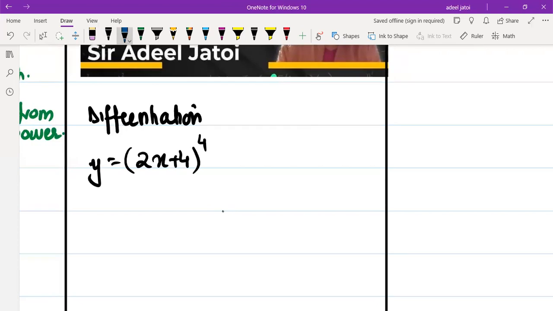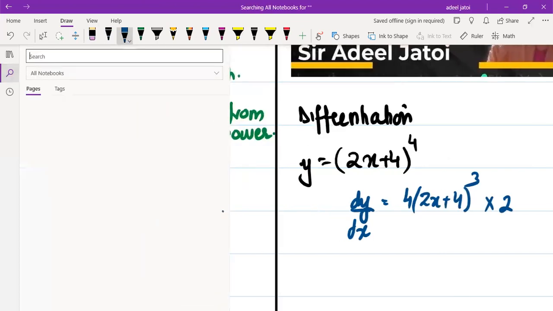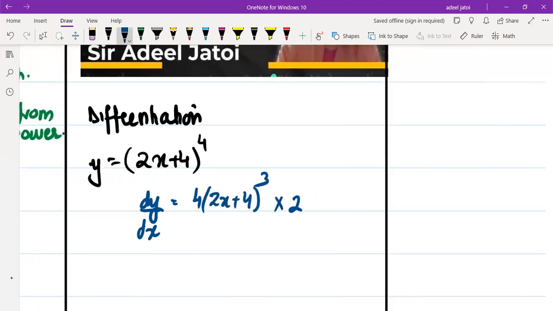If we differentiate this, dy/dx is equal to 4(2x + 4) to the power 3, multiplied by 2. Your power has to come down and multiply with the bracket. So 4 comes down, 1 is subtracted from the power. We do not do anything to the bracket, so we write it as it is.